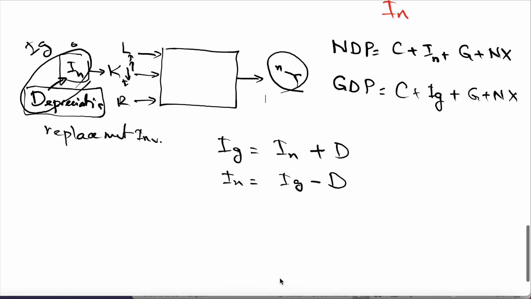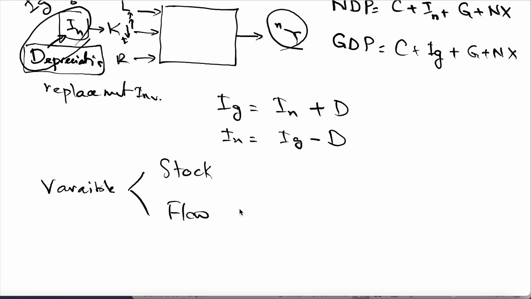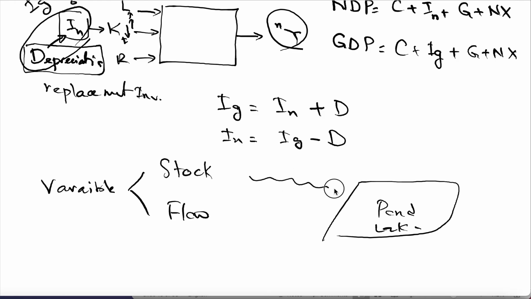And here we have two things. The variables we are talking about, there are two types. We have stock variables and we have flow variables. The metaphor I'm using is always like this. We have a pond or a lake which a river flows into.